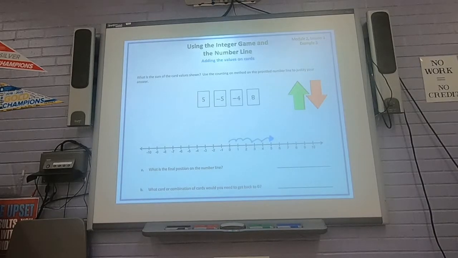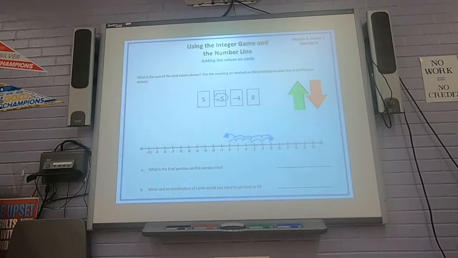Alright, now each number that's added to it, you do another one above it. So the next one is -5. So -5 means you're going to go left from where you ended up 5 places. So if I go left 5, here's 1, 2, 3, 4, 5. Guess what? I ended up back at 0.